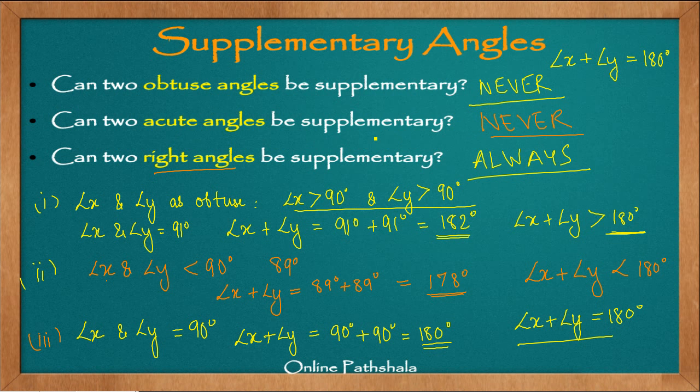That is, an acute plus an obtuse angle is required to make a supplementary pair. This is what we can conclude from here. Not only that, two right angles will always be supplementary. That is the kind of conclusion that we can observe about supplementary angles.